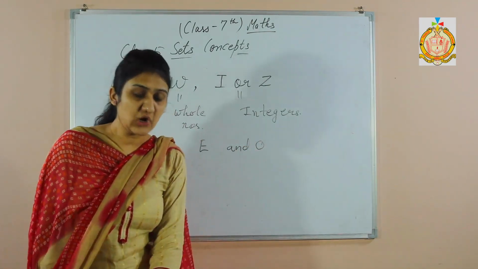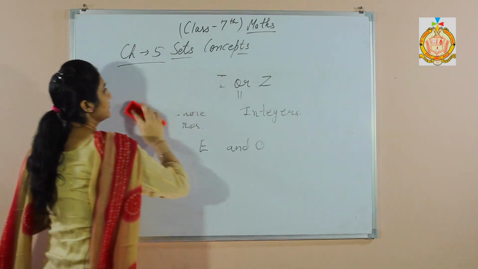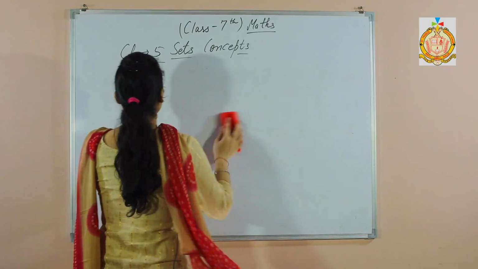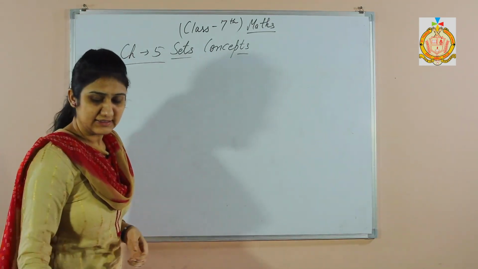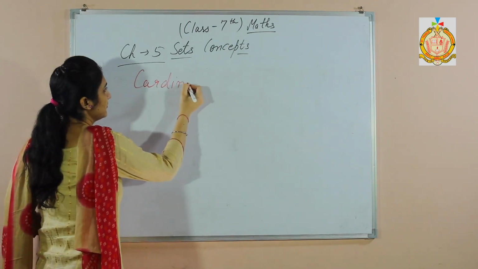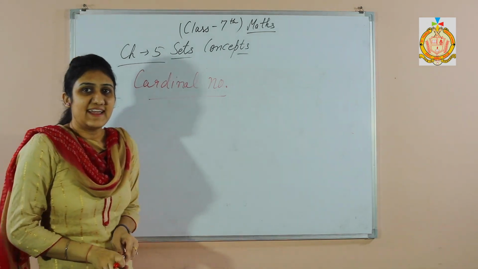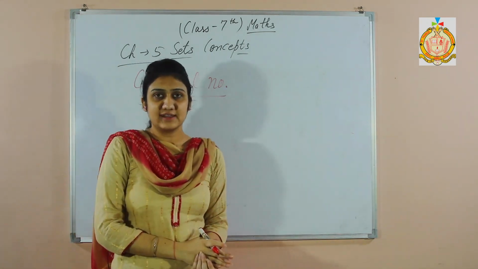Now we will discuss the cardinal number of a finite set. In a finite set, there are a finite number of elements.